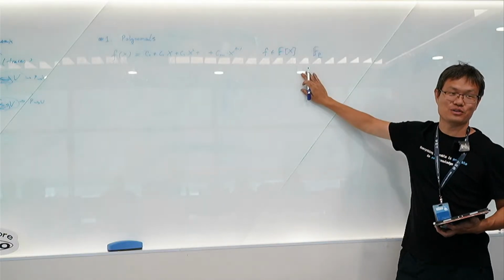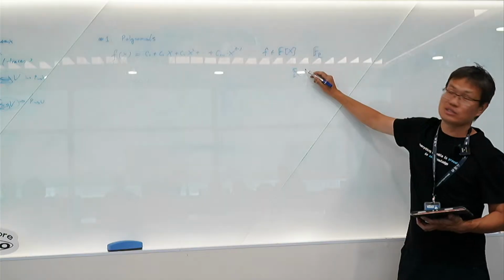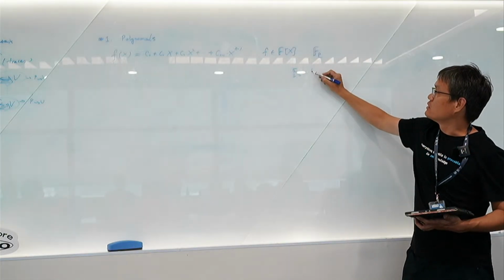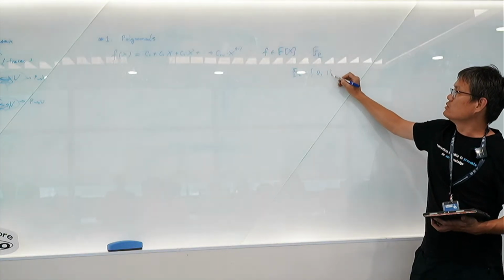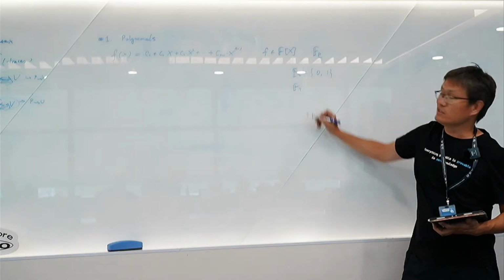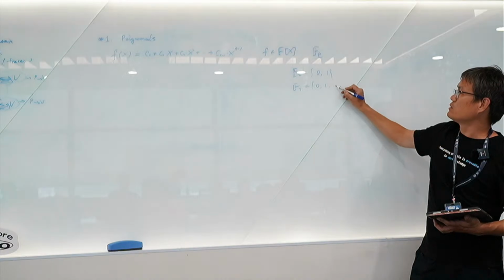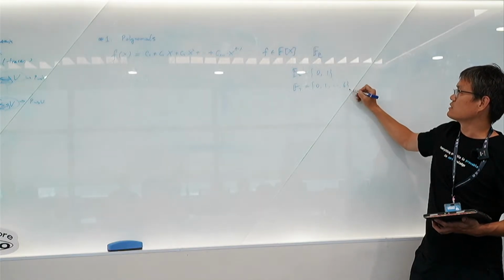Okay. A finite field is, for example, F2, a binary field. It's a set with only 0 and 1. Or F7 equals the set from 0, 1, all the way to 6.